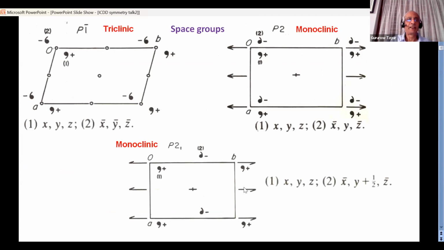This particular slide shows the way in which the objects can be arranged. We take P1, which of course is obvious. There is only one point, so there is no need to discuss where the object could be. The object can be anywhere inside the unit cell. This is a projection down, let's say in this case, the y-axis, with A in this direction and B in this direction.